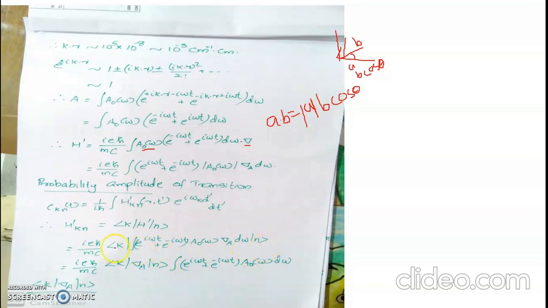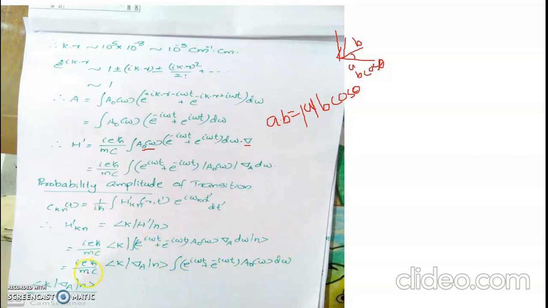Now you look at this: ket k is only space dependent, and this operator has a time dependent part as well as a space dependent part. The time dependent part has nothing to do with the space dependent state vectors ket k or ket n. So we take the time dependent part outside.